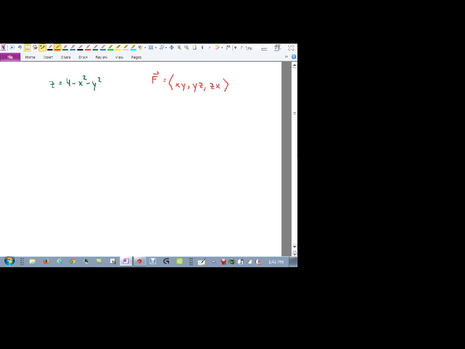The formula that I'm going to be using, because z is a function of x and y, is a double integral. Let me write it this way. The flux will be equal to the double integral over D of, you tell me which formula I'm using.